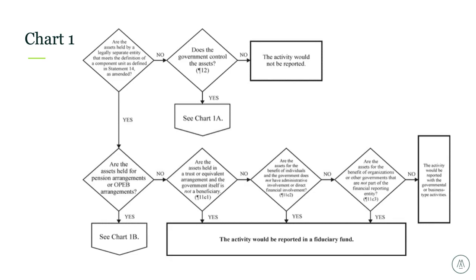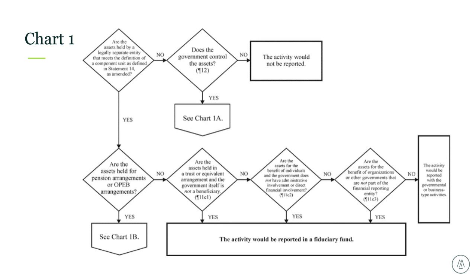So in Appendix C of the statement, there are 3 flow charts in the back. They're intended to aid in the application of the standard. Chart 1 is designed to provide assistance in evaluating and reporting potential fiduciary activities that meet those requirements of the standard.